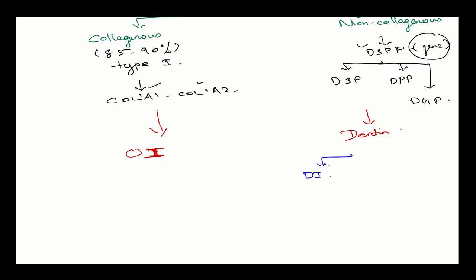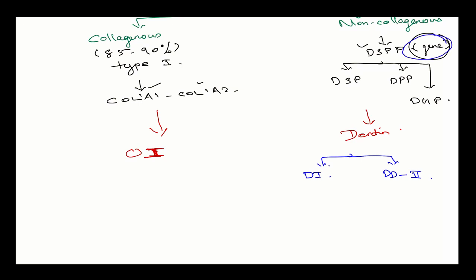Which diseases are included here? Dentinogenesis imperfecta and dentine dysplasia type 2. As for dentine dysplasia type 1, textbooks say the genetic defect is not much recognized.